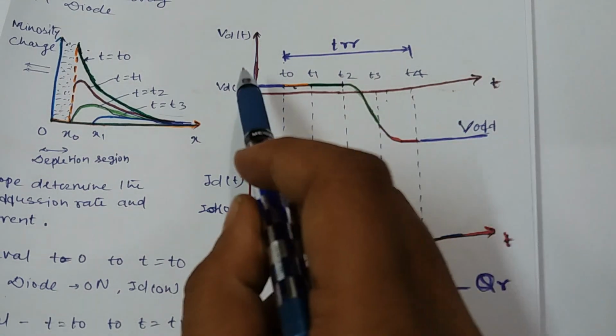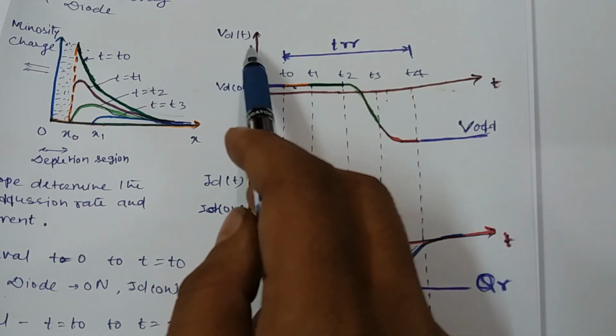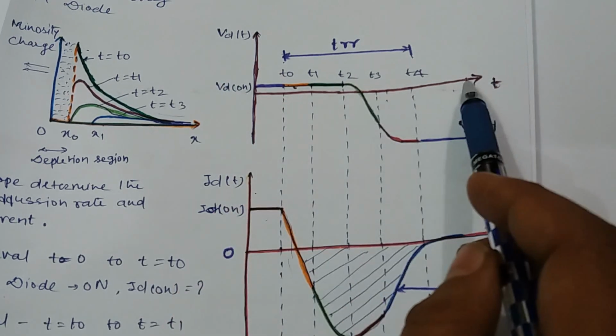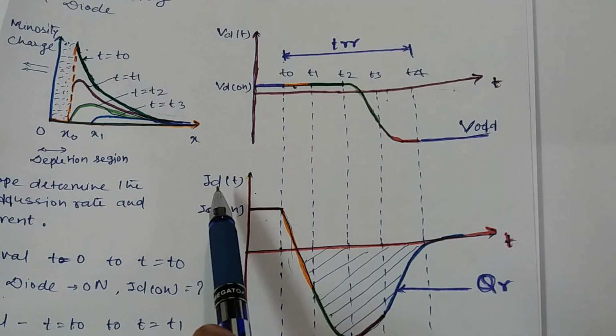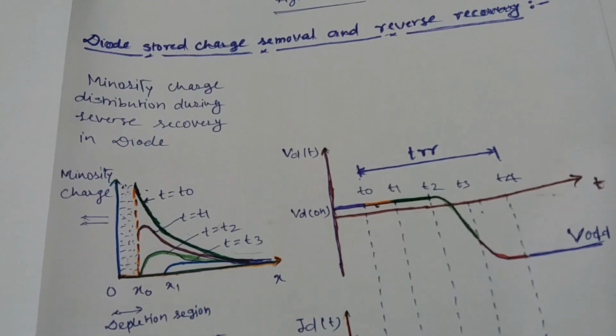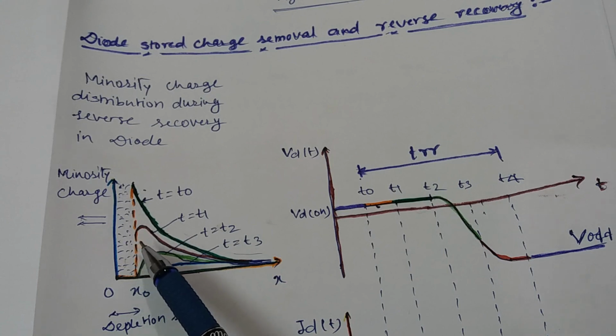I have drawn a waveform. This is VD, the voltage across the diode over a period of time. This is ID, the current through the diode over a period of time. And this one is the minority charge distribution during reverse recovery in the diode.